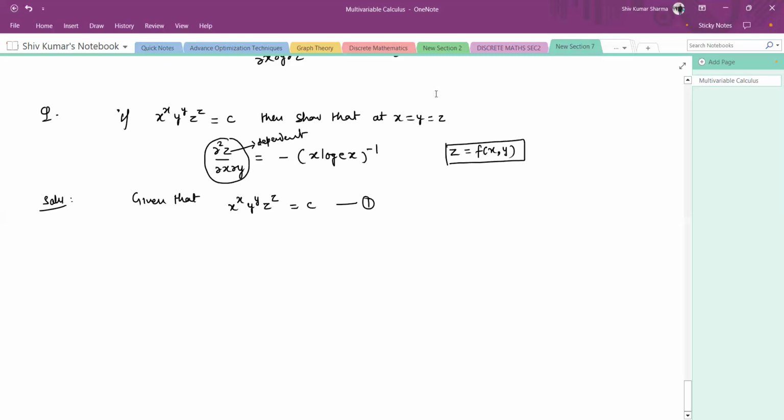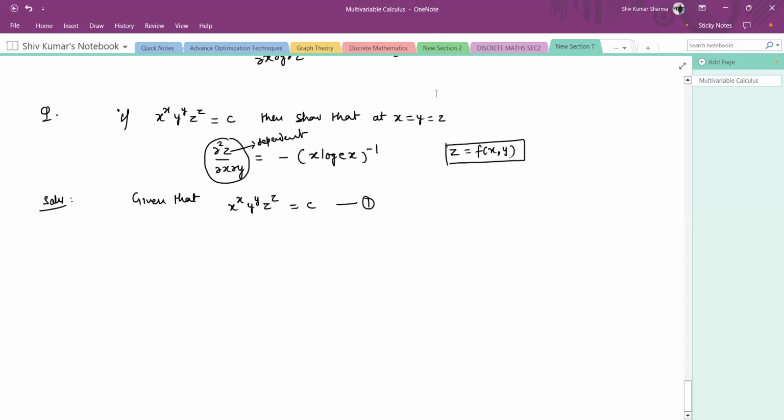When we differentiate partially with respect to x, we take y as a constant, but z works as a dependent variable. So we differentiate partially with respect to x or with respect to y.